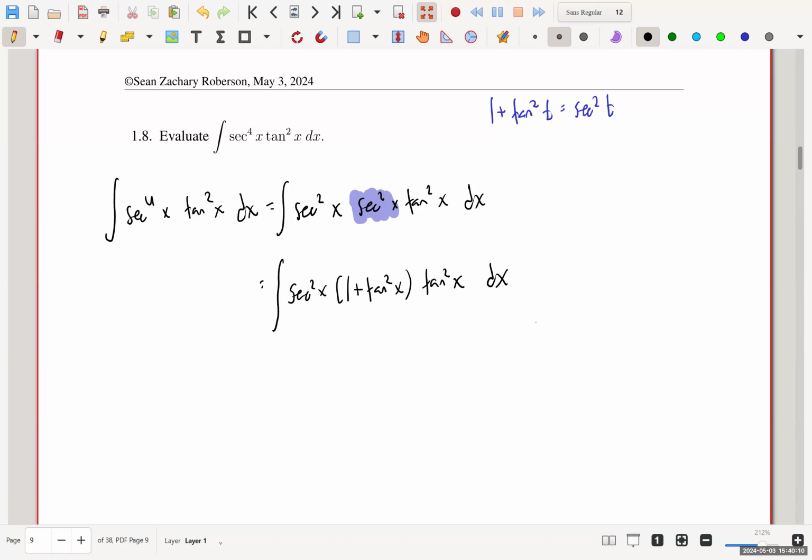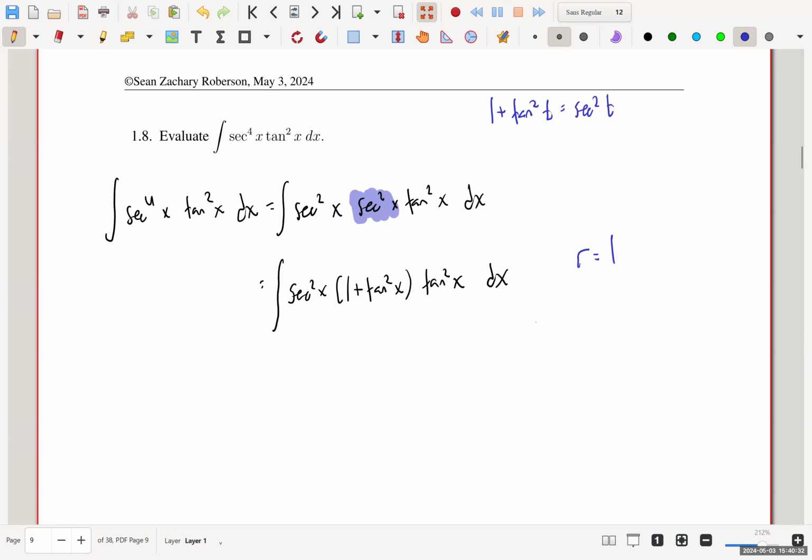Now I'm at the point where I want to make a variable change. Choose your favorite letter of the alphabet other than U. R. I mean, yeah, sure, we can integrate in polar coordinates if we want to. So let's do R. I'm going to do R equals something. What am I going to set R equal to? Tangent x.